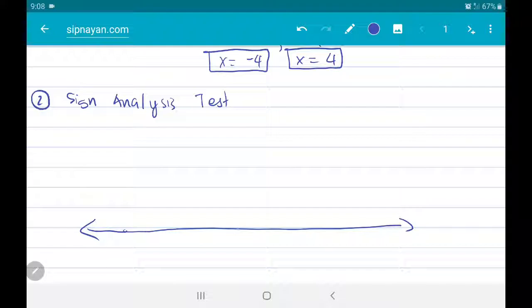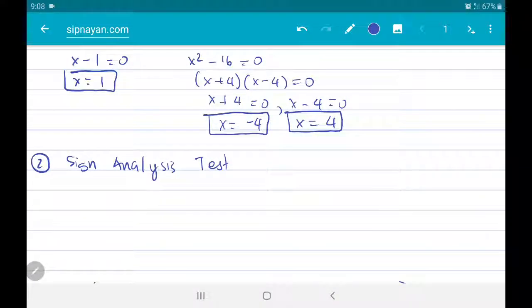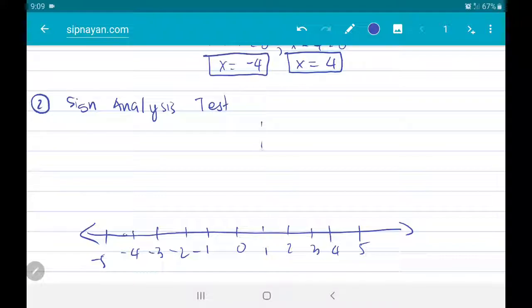So we have 1, 3, 4, 5, and then we have negative 1, negative 2, negative 3, negative 4, at saka negative 5, no? So ang critical values natin ay 1. Lagyan natin ng boundary, no? So we have 4. And saka we have negative 4. Okay?